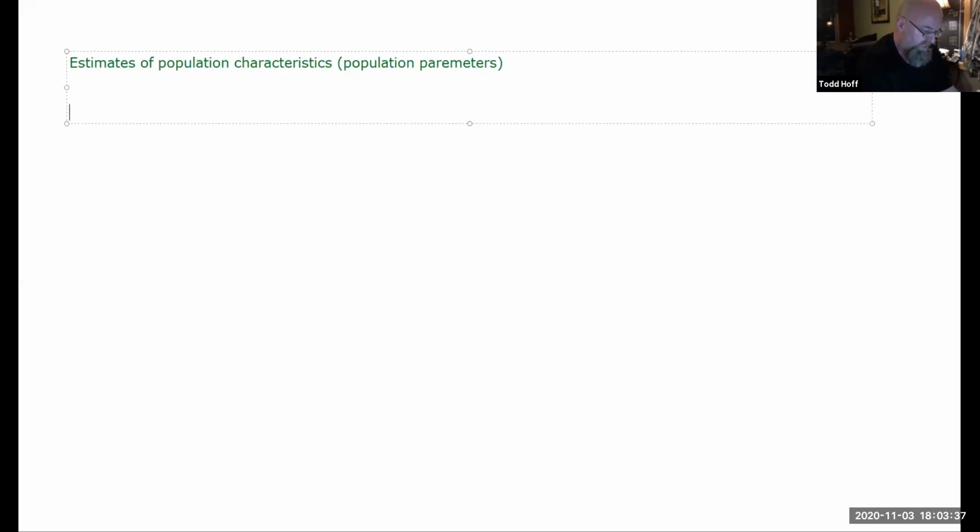Okay, so this week's topic. We're looking at estimates of population characteristics. Now, most textbooks call these population parameters. One way to estimate them is something called a point estimate.